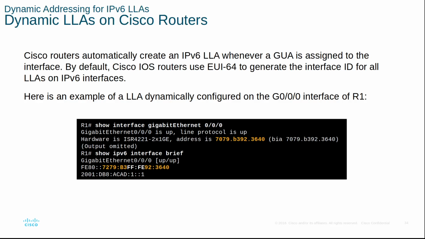So here we go. We've got our hardware address there, and we see FFFE is inserted into the middle of the address, and then that 0 is flipped to a 1, so we get a unique address. Yeah, there we go. So this one begins with 70. That one's actually 72.